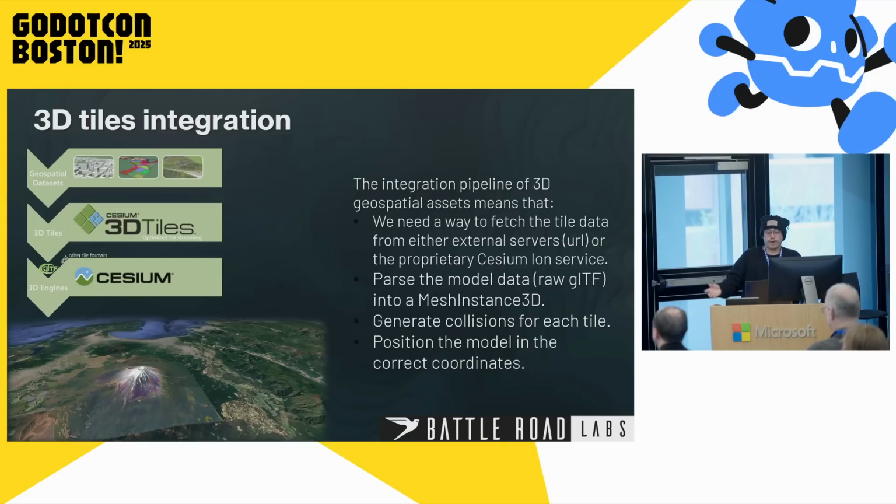And we would also need to, of course, generate collisions for each tile, position the model in the correct coordinates, et cetera, et cetera. And so in order to do that, we have this pipeline that every single tile has to go through. And as you might imagine, that gets very computationally expensive. So that's why this also has a focus on things that we can do to make that process work in Godot.